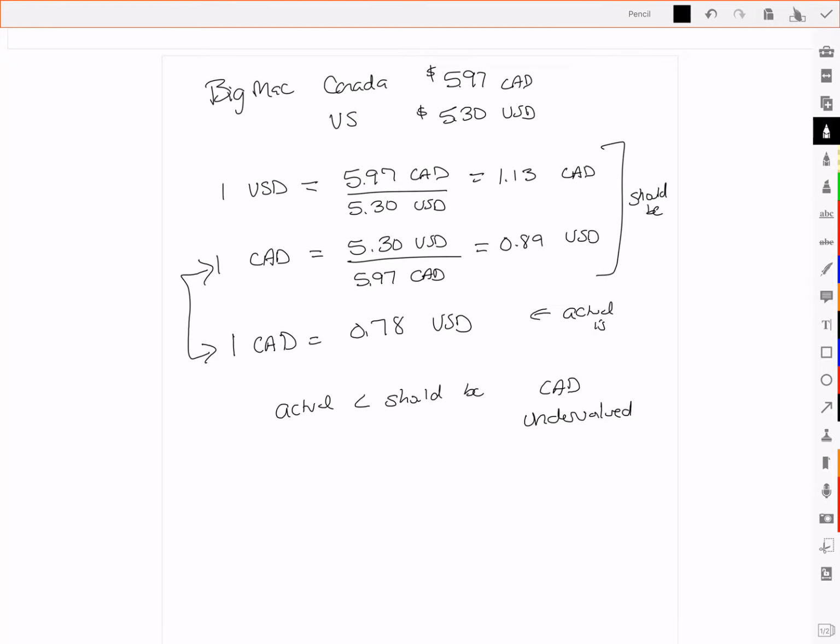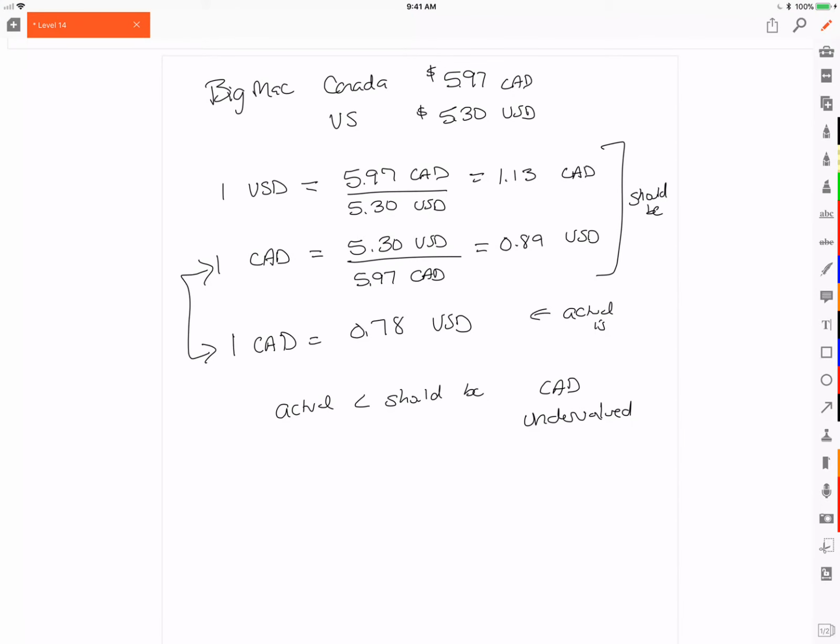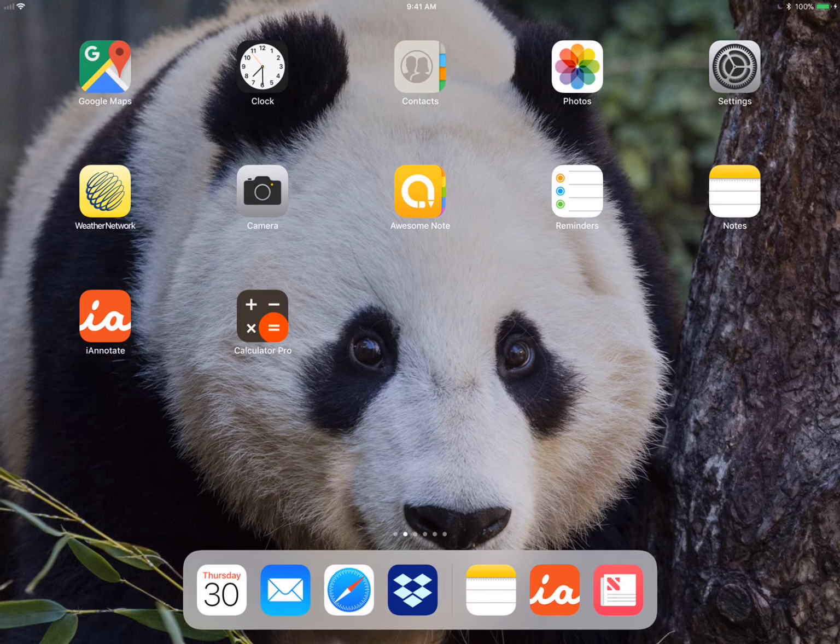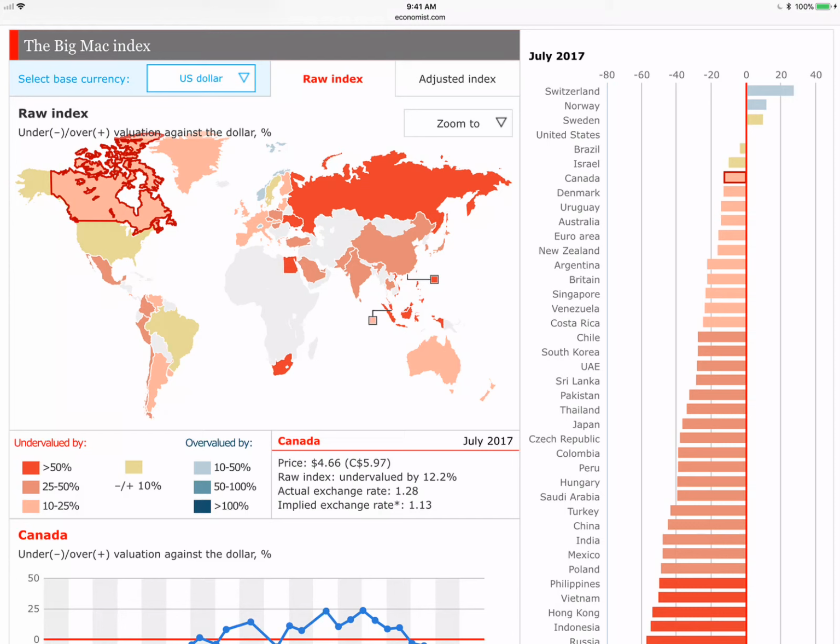So if we go back to that Big Mac Index, notice that on this graph here, it shows the bar for Canada to the left. On the Big Mac Index, any bars to the left tell you the currency is undervalued compared to the US dollar. All the currencies that go to the right are overvalued compared to the US dollar.